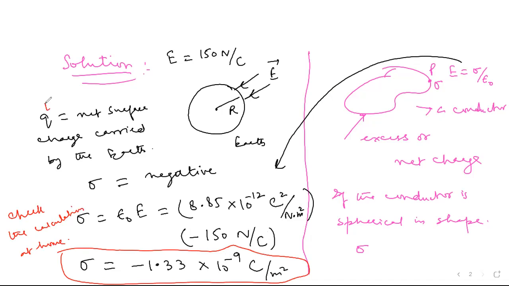But we have to find Q, the net surface charge carried by the Earth. Q is simply sigma times 4 pi r square, where r is the radius of the Earth.